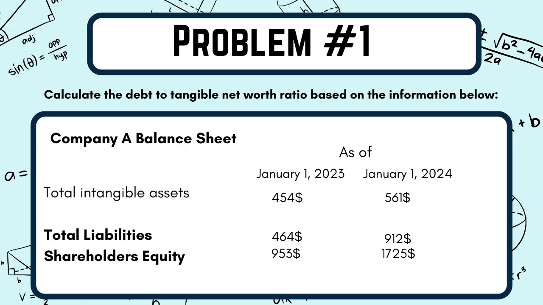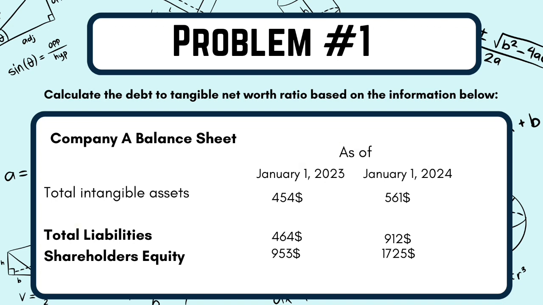Calculate the debt to tangible net worth ratio based on the information below. So here's the balance sheet of Company A as of January 1, 2023 to January 1, 2024. For the year 2023, the total intangible assets is $454. The total liabilities is $464, and the shareholders' equity is $953.